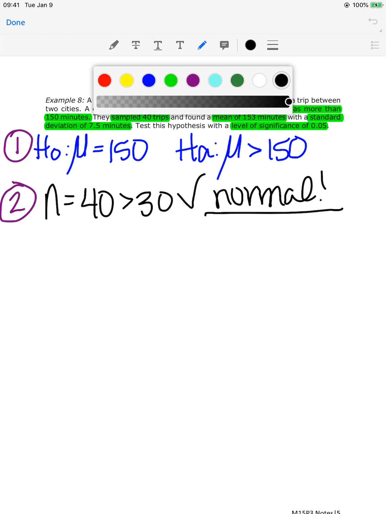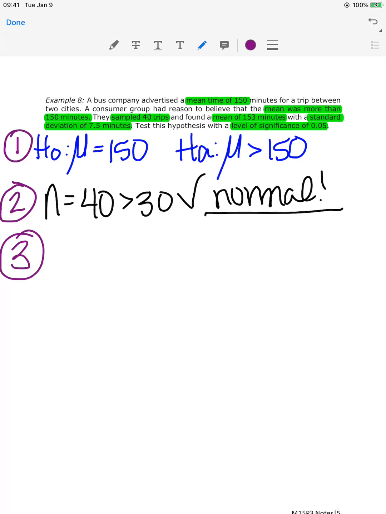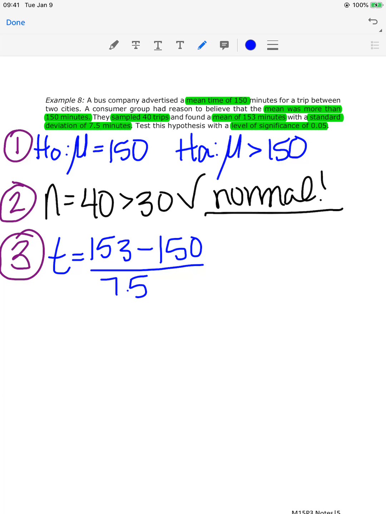All right, now step 3. Calculate that t value. So the sample mean, 153, minus the population mean, which you'll find in your null, over the sample standard deviation, which is why we're using t, not z, over the square root of 40.